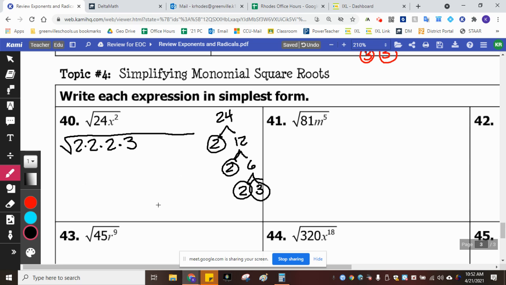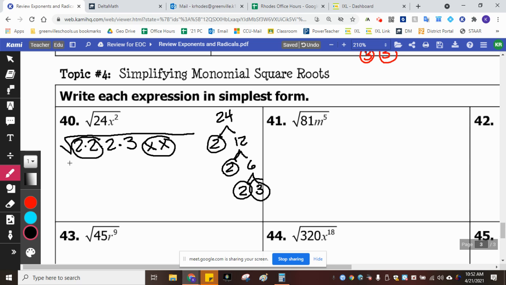Okay, the new part of this question is your variables. X squared is 2 x's. And then you're grouping in 2s. There's 2 x's on the outside. So when you group, only 1 comes out. Oh, okay.